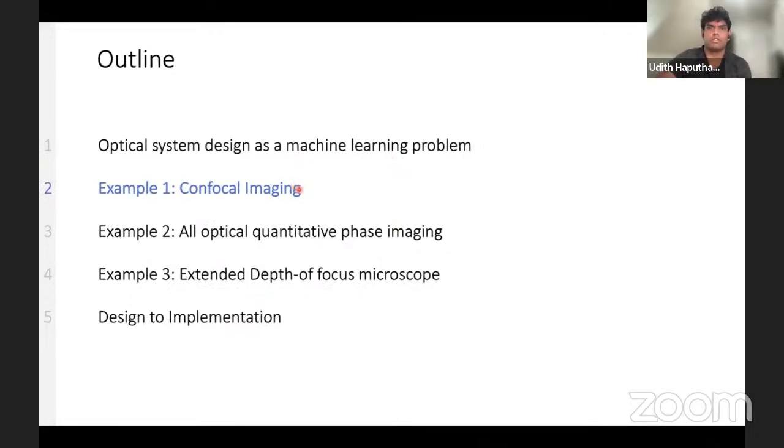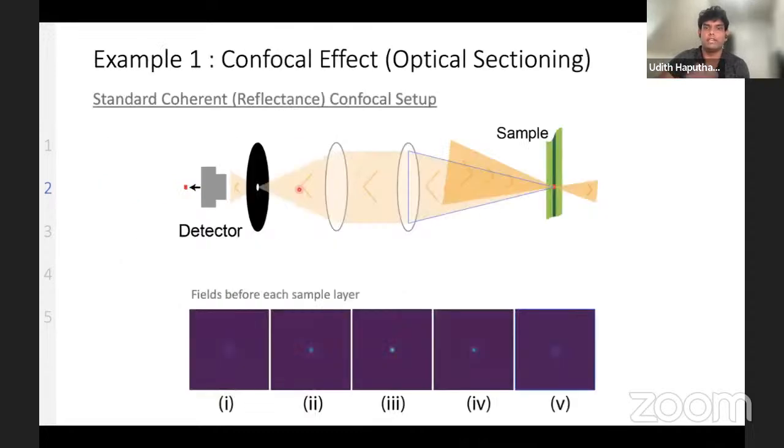The first one is confocal imaging, the standard confocal setup. Our goal is, we have a thick sample and we need to image a middle slice of the sample. As an example, here is the sample and this dark green slice is what we want at the image plane.